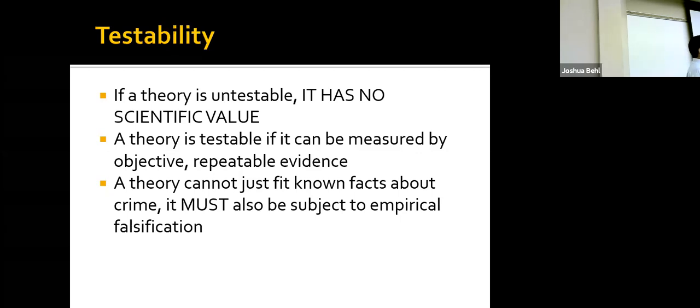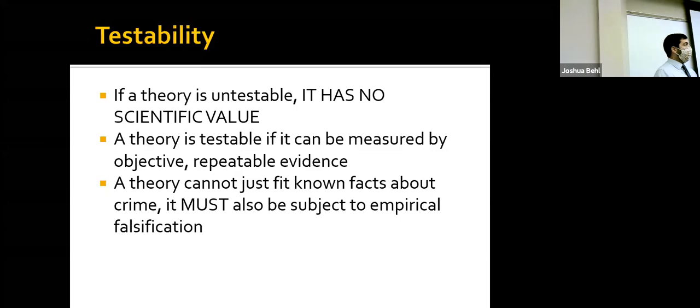Most of my professors at UF got their PhDs in sociology because they didn't have criminology PhDs at the time. Now, obviously, there are plenty of PhD-granting institutions in criminology. But if the theory is not testable, it isn't actually science, it's more ideology. And this is where criminology said, we're going to make it so you need to test your theories in order for them to be valid.